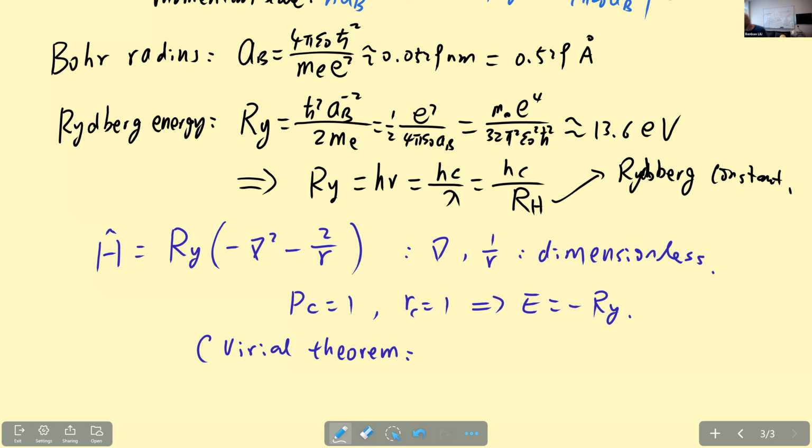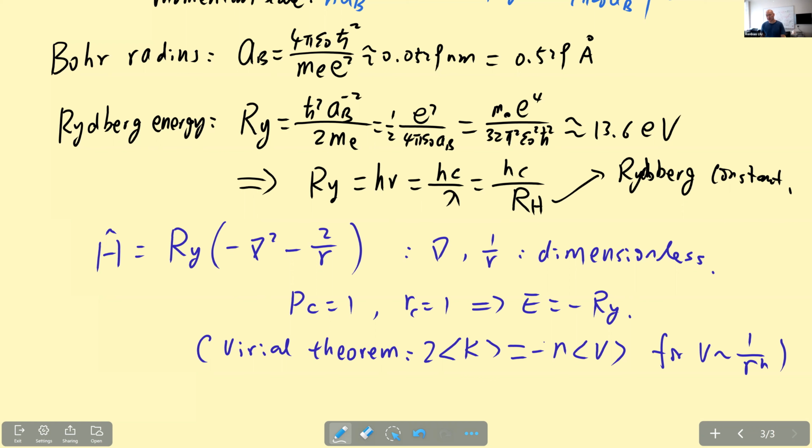Next, we know that the kinetic energy times 2 always equals minus the potential energy for V proportional to 1/r. This is a special case of the virial theorem, where the kinetic energy and the potential energy have a relation.